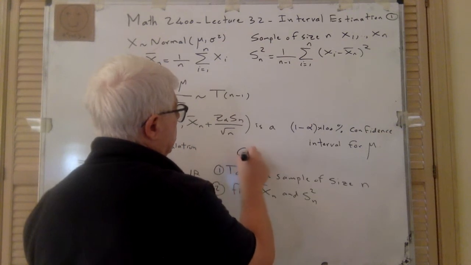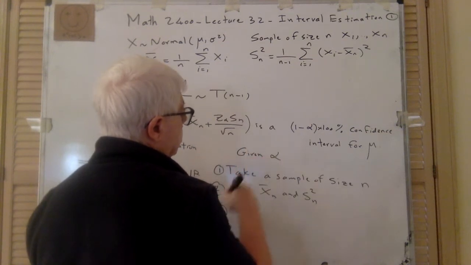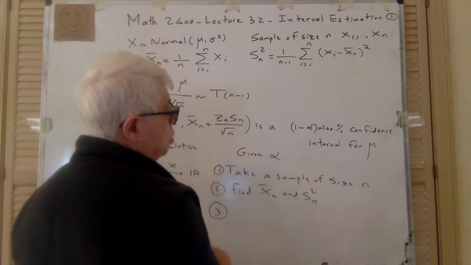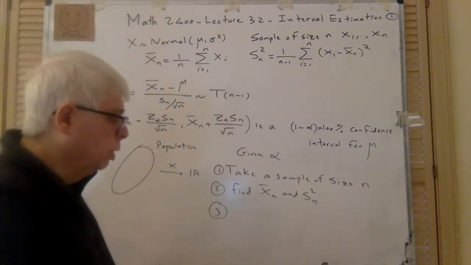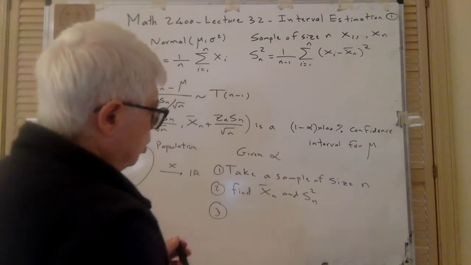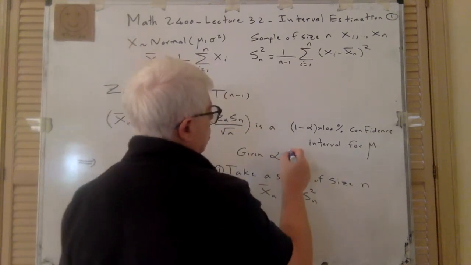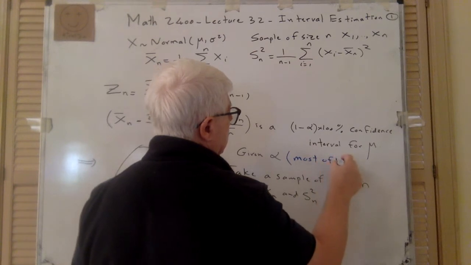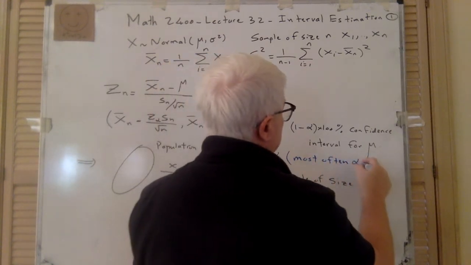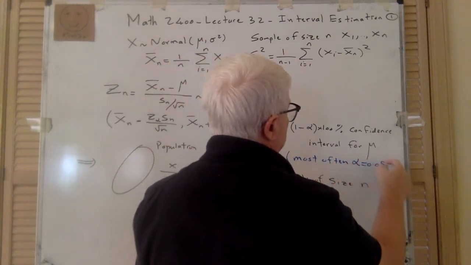Given alpha, and what are usual values? Alpha can be any number between 0 and 1, but most often you are given alpha is 0.05 or 0.01.